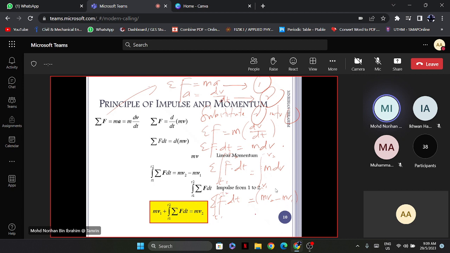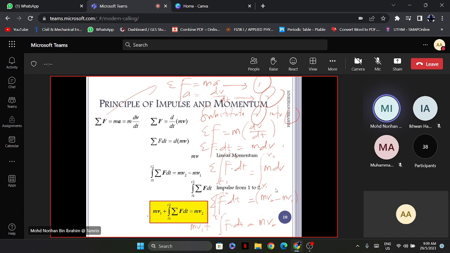If we rearrange this equation, putting mv1 on the left side, we get mv1 plus integral of F dt is equal to mv2. So this equation we call the principle of impulse and momentum.